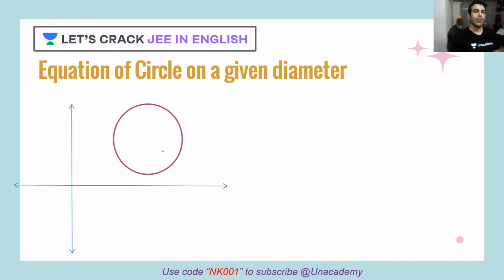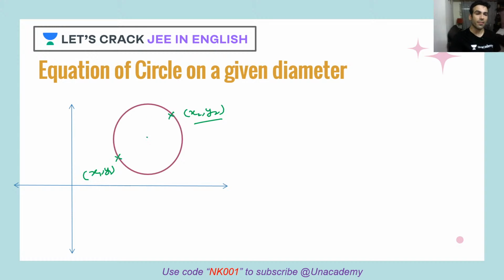So let's say you have been given two points, two opposite points of a diameter like this, x1 comma y1, and this is x2 comma y2. Now tell me one thing, if you want to find out the equation of circle, how would you do that? What will be the condition?